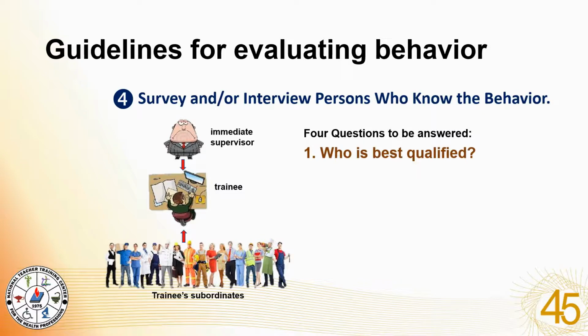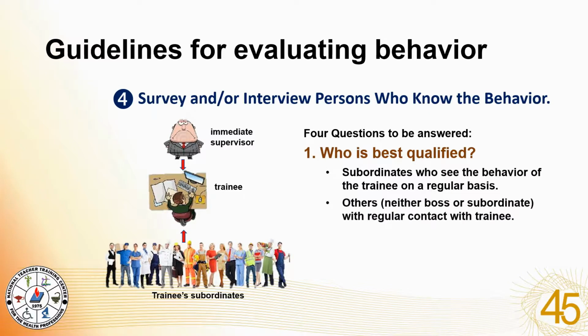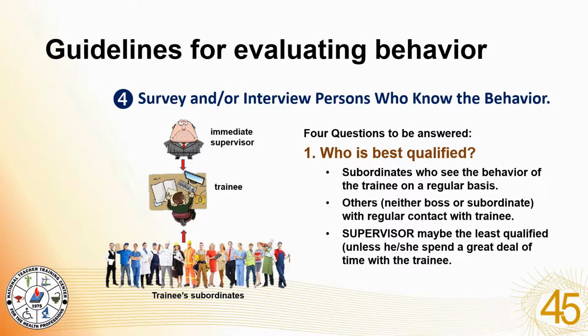So first, who is best qualified? Subordinates will see the behavior of the trainees on a regular basis. Others, like the boss, have regular contact with the trainee. Supervisors may be the least qualified unless he or she spent a great deal of time with the trainee, because sometimes there are supervisors who handle so many people and they really don't see them.